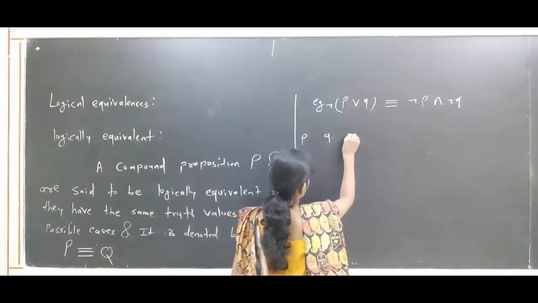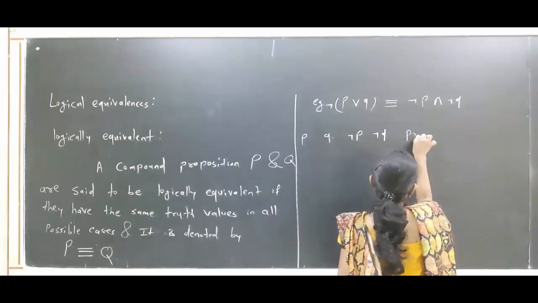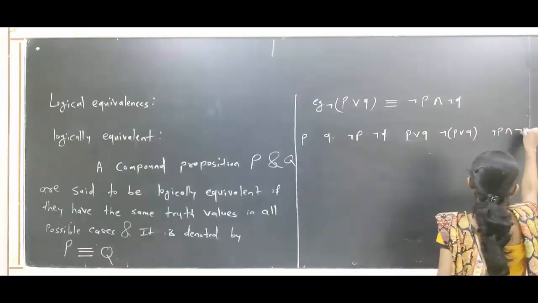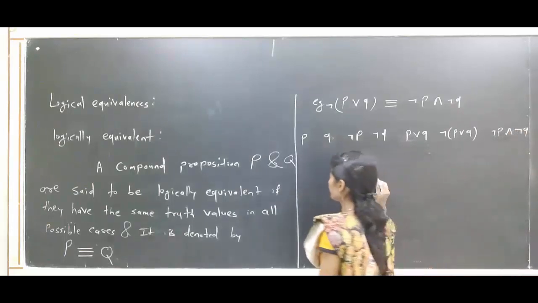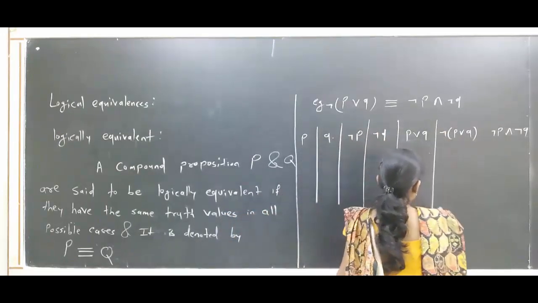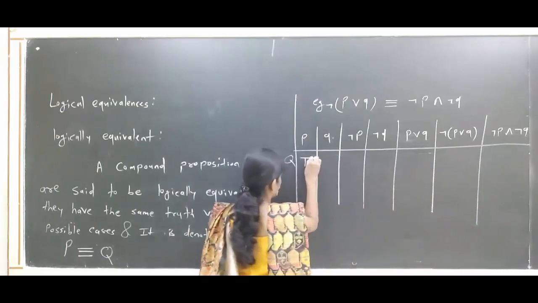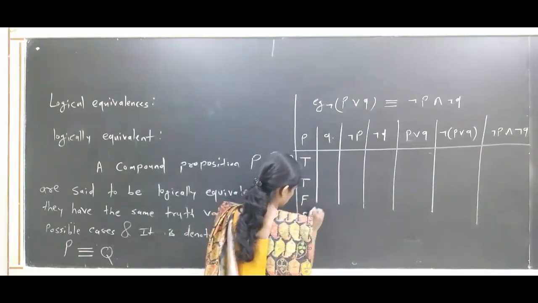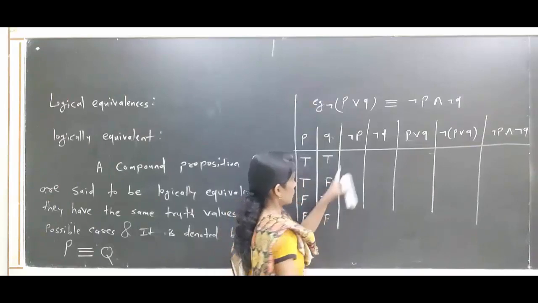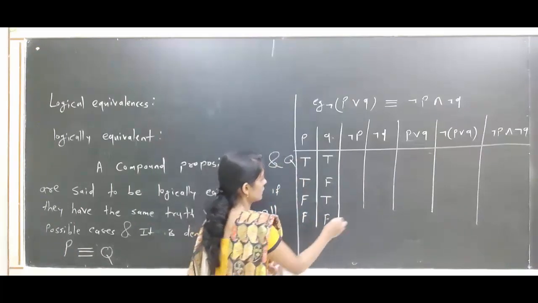P, Q, negation P, negation Q, P or Q, negation of P or Q, and negation P and negation Q. T, T, F, F, T, F, T, F. Now negation of P: if the value of a proposition is true, then its negation is false and vice versa.